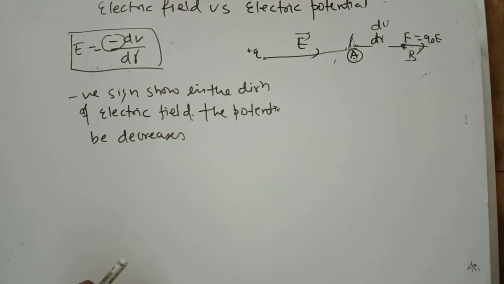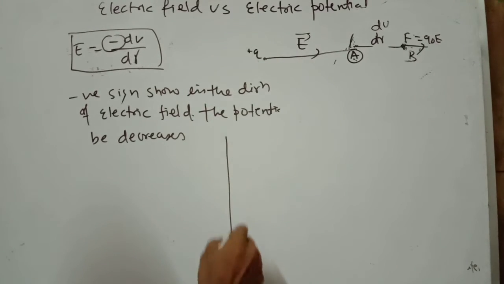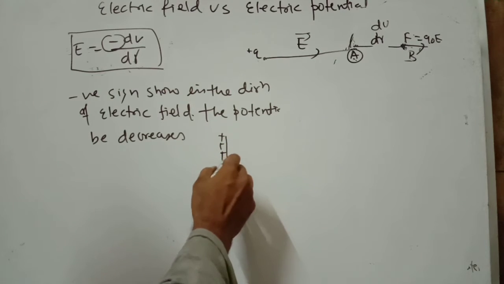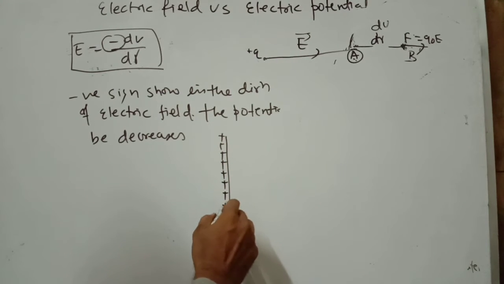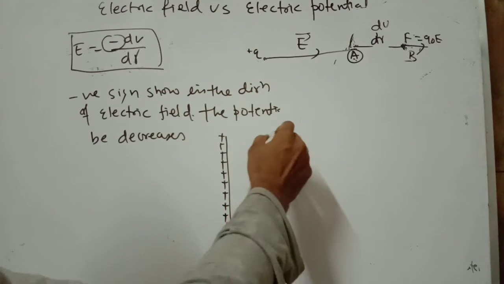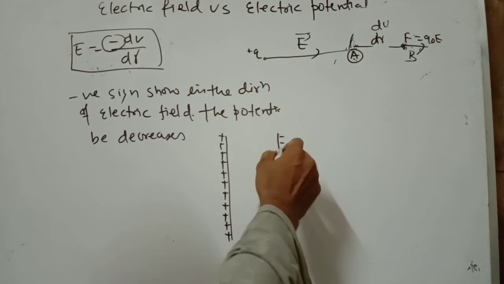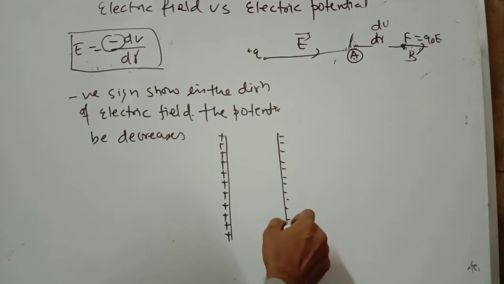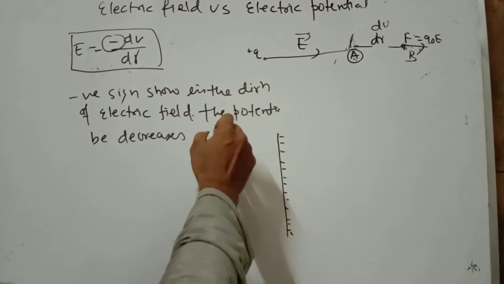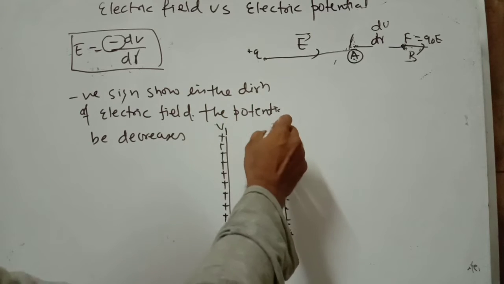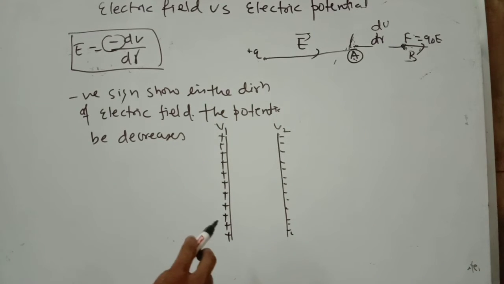Let me consider two charged electric plates. One plate is positively charged, and the other plate we consider negatively charged. Let me call their potentials V1 and V2. We don't know which has the higher potential and which has the lower.